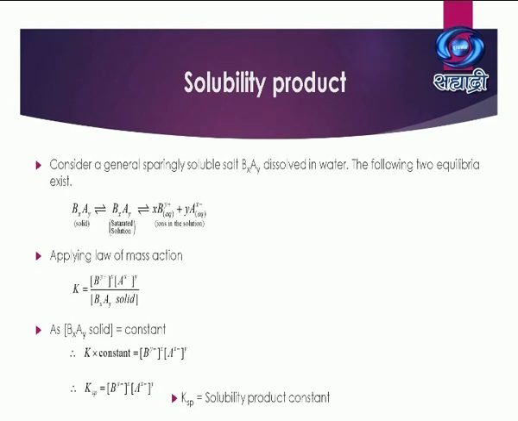So I can say that x moles of cation B^(y+) are present and y moles of A^(x-), that is anion, are present. Remember students, in the expression of solubility product, these numerical coefficients of cations and anions always appear as the power in the expression. So in the final expression, you will find that the active mass of cation is raised to the power x.